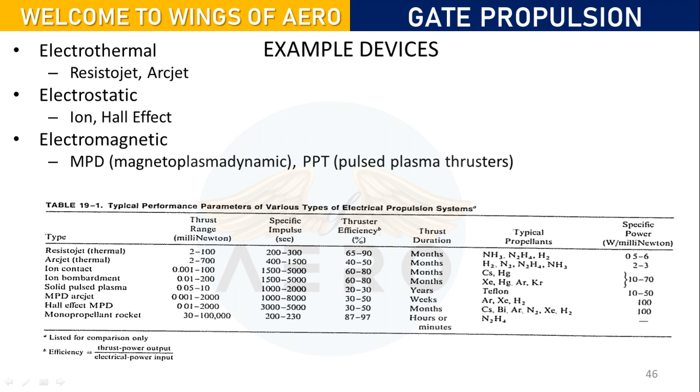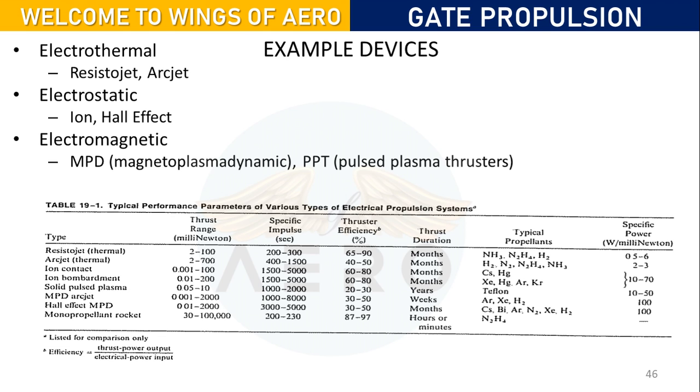So you can frame from this which one has the highest specific impulse. Which one has the highest specific impulse? MPD, arc jet, right? And which has the least among all those things? Monopropellant.